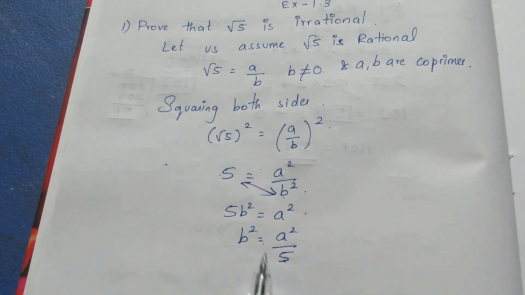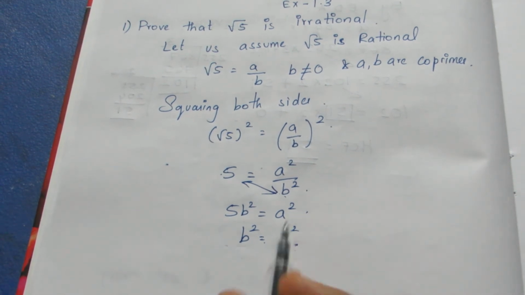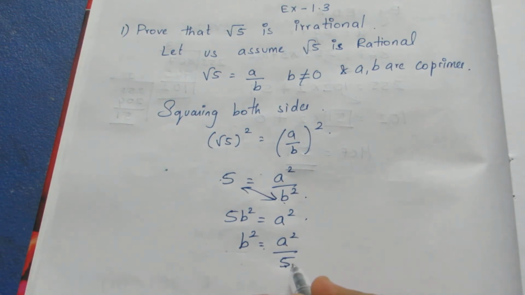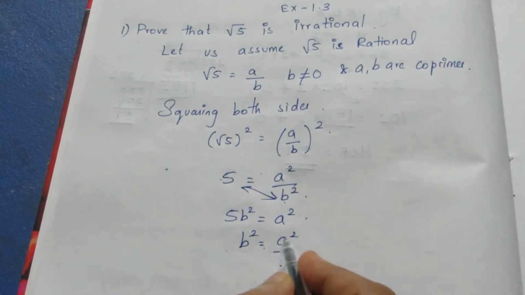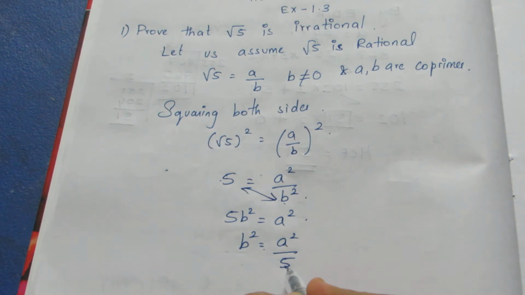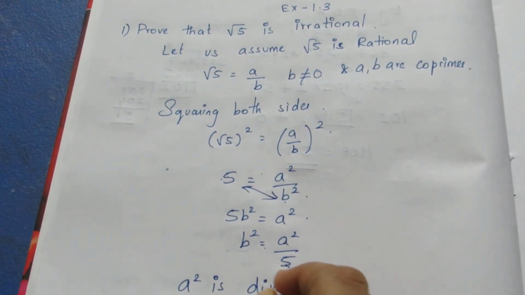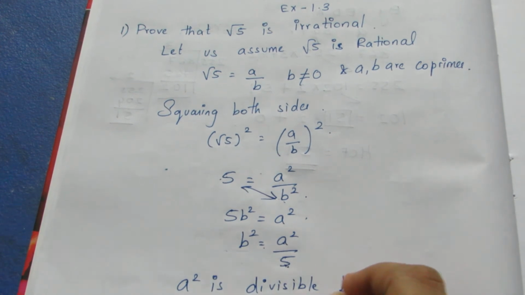Even here there will be no denominator. So as b square is equal to a square by 5, we come to know that a square is completely divisible by 5.